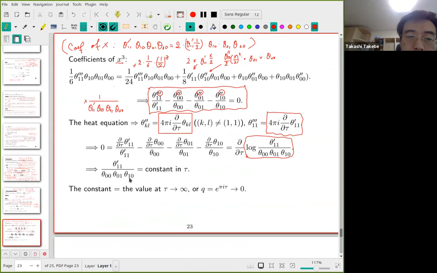But as this is constant, we can substitute any tau or make tau go to infinity. Exactly speaking, we can move tau to infinity in this direction.